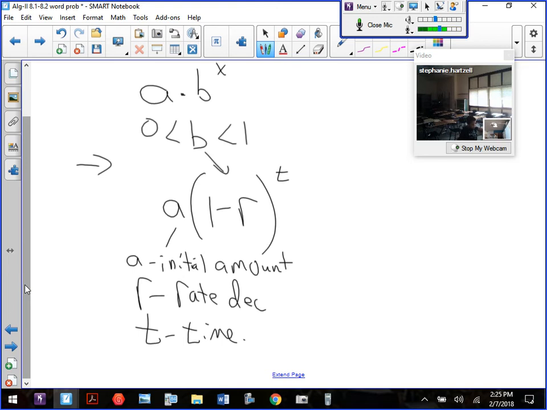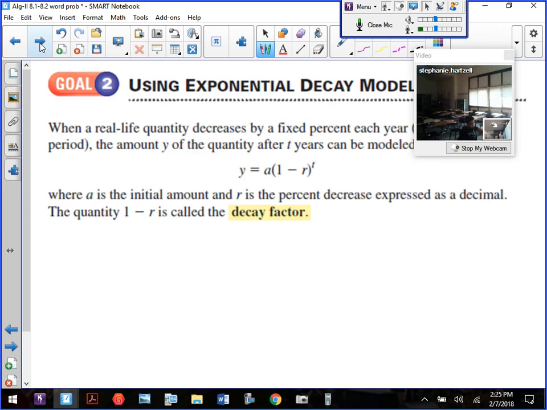The thing that's in parentheses, instead of being a growth factor, is now called a decay factor. So this value here, the 1 minus r, the stuff in parentheses, is called the decay factor.